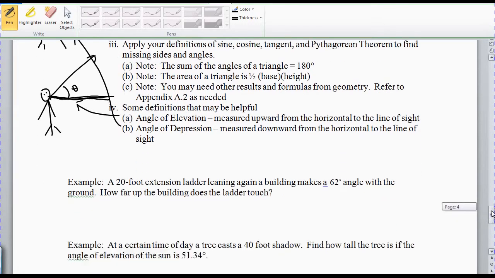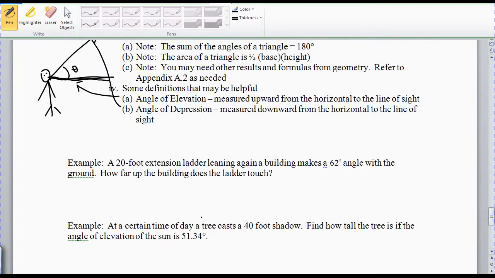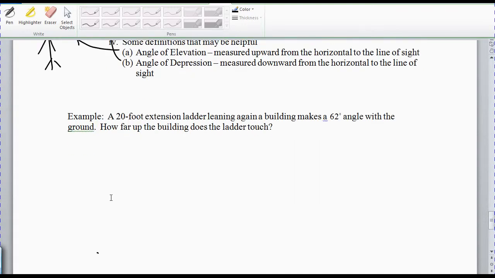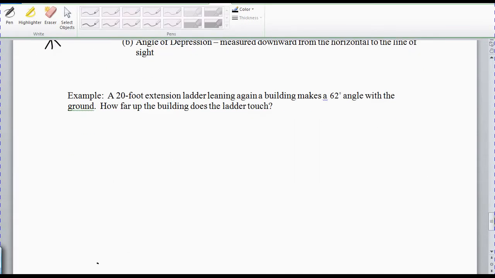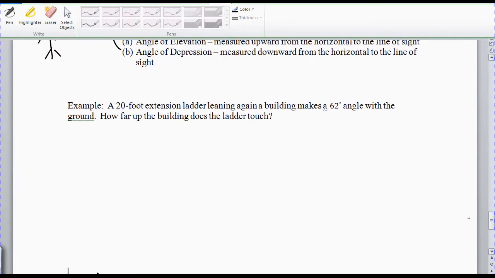So let's see if we can answer a couple problems. We need some space. Probably should have been doing this the whole time, but that's okay. We have a 20-foot extension ladder leaning against a building. So let's draw a building. It's a really narrow building, so not the Leaning Tower of Pisa.